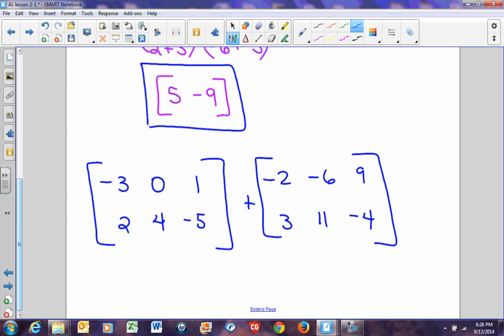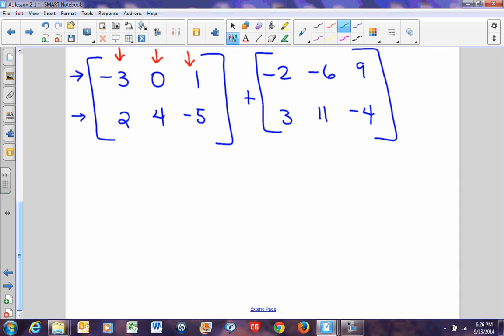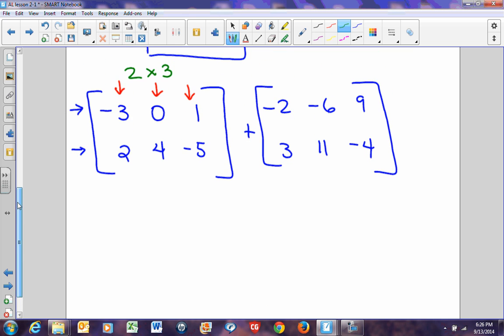The size of the matrix, both of these matrices, there's row 1, there's row 2. So it's 2 rows, and here's column 1, here's column 2, here's column 3. So this happens to be a 2 by 3 matrix. 2 rows, 3 columns. We have to add the corresponding members of our matrix.